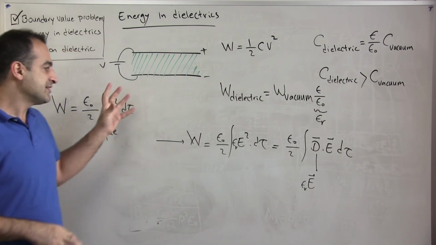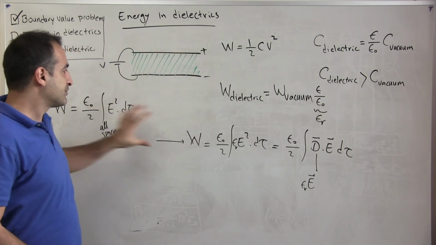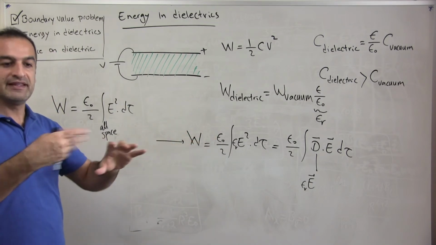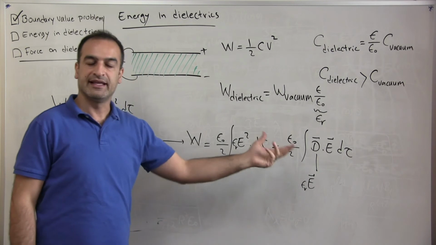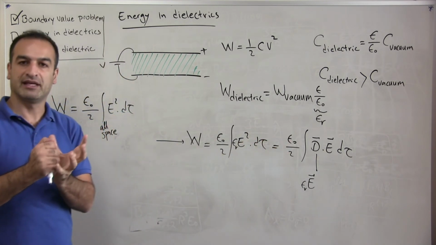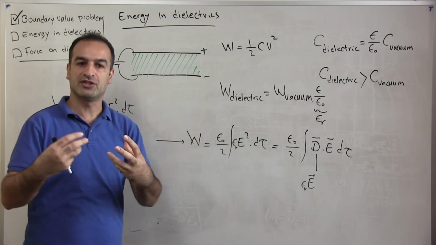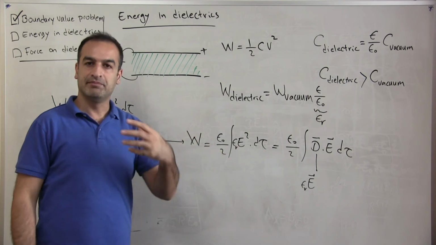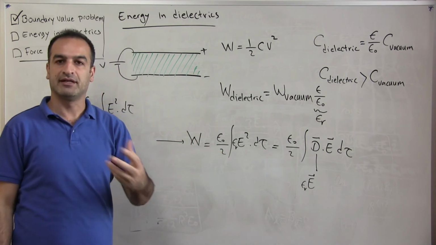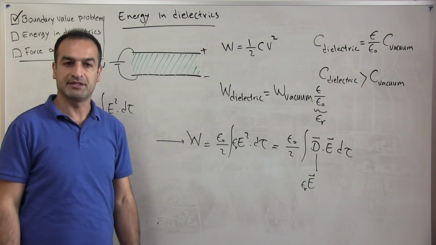Okay, so because of that, if you compare two similar systems with and without dielectric, the one with dielectric always takes more energy to set up, okay? It takes more energy to bring all charges to create the same field, and that is because of the effect of the polarization in the dielectric material.